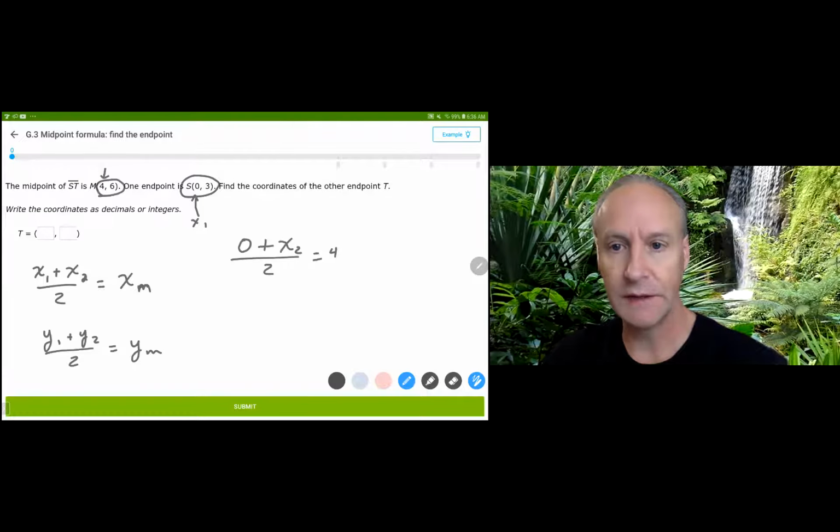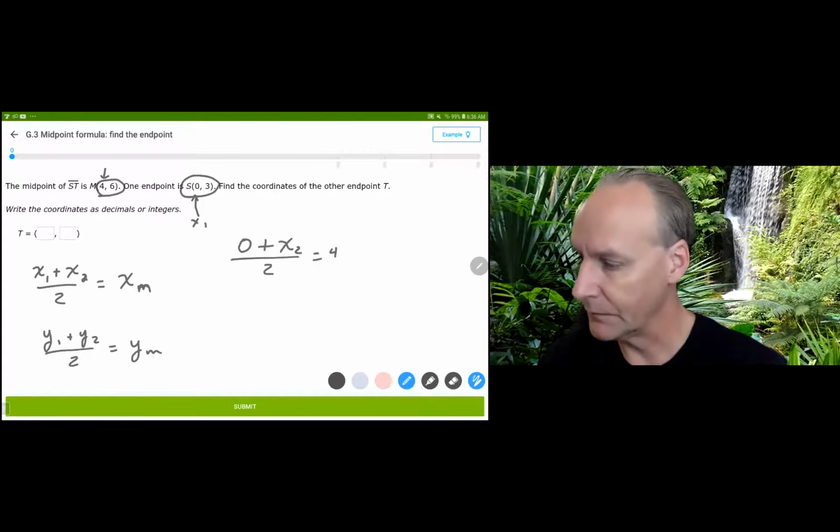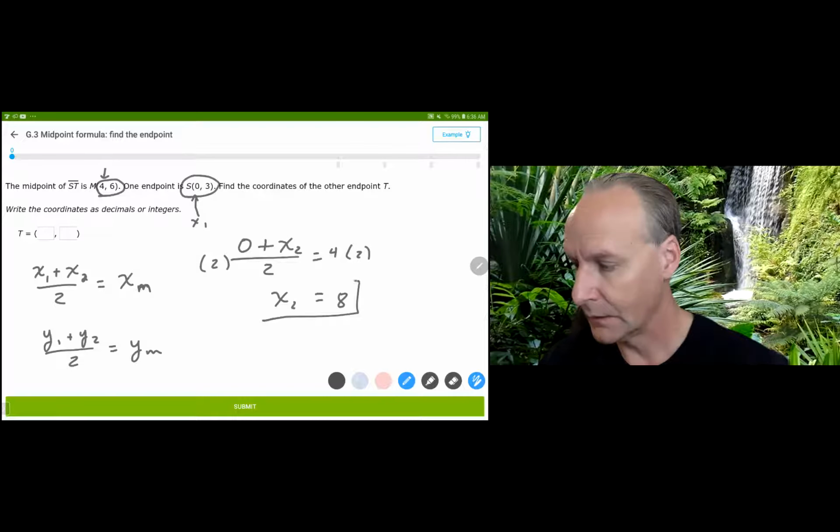In this particular case, you always have to multiply by 2, so you always have to double the midpoint. So in this case, I have x2 plus 0 is equal to, after multiplying by 2 on both sides, 8. And I'm done.